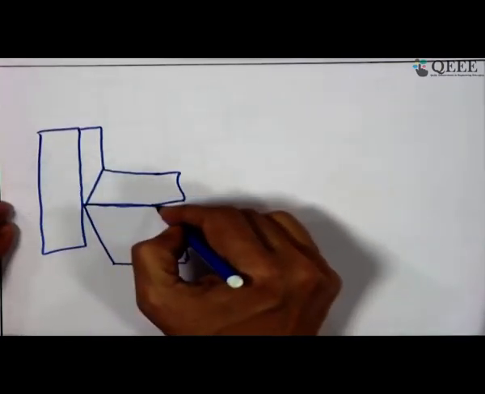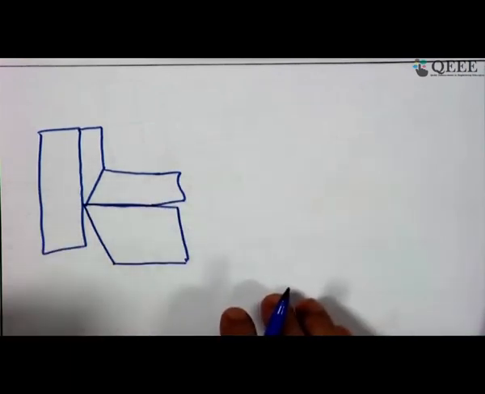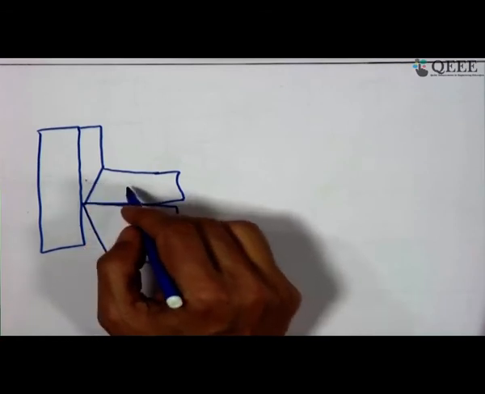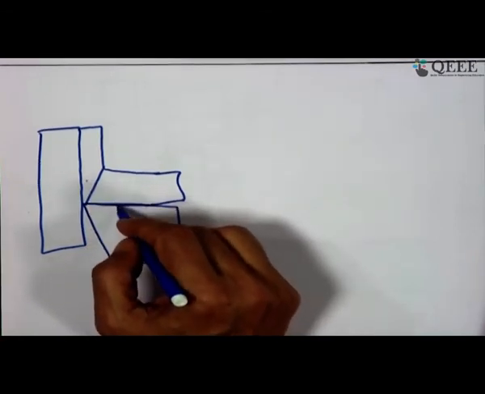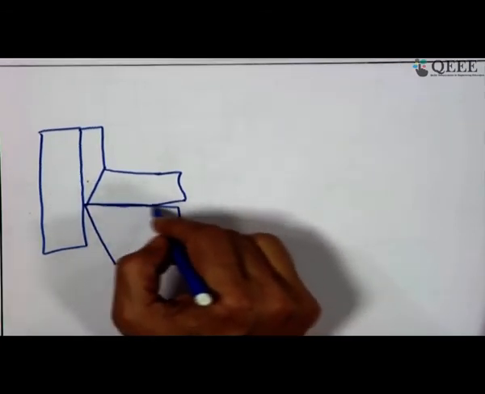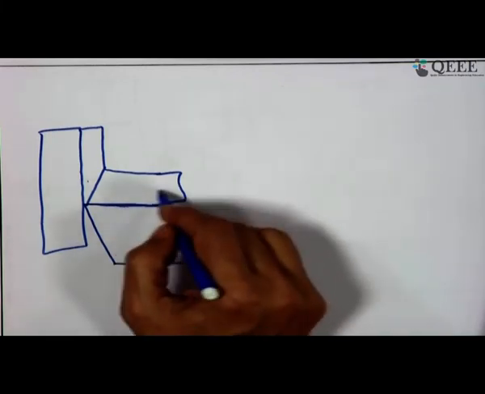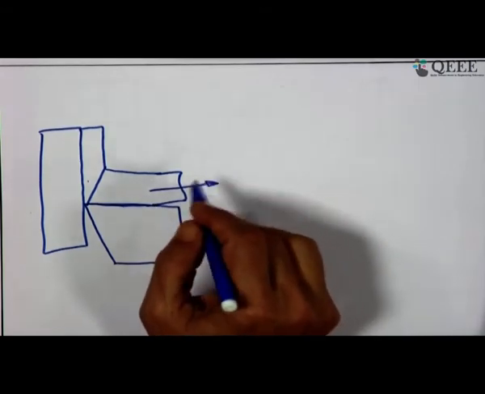This is the interface, the point of attention. If certain material comes and makes a layer here, that layer prevents direct contact of the chip with the tool, and it keeps forming as the chip keeps flowing.